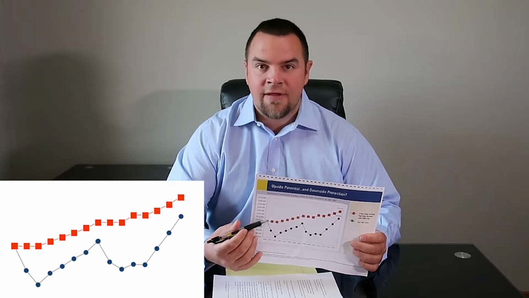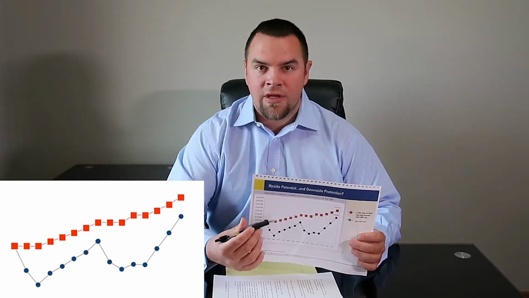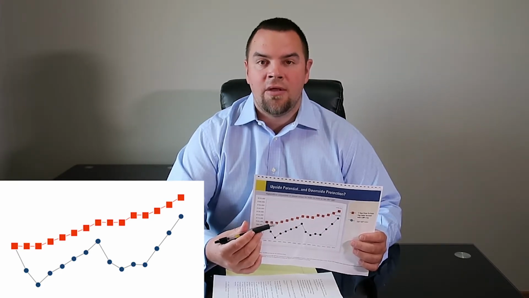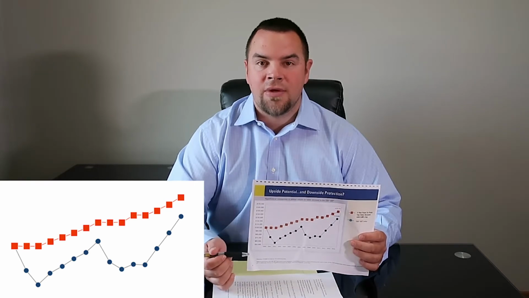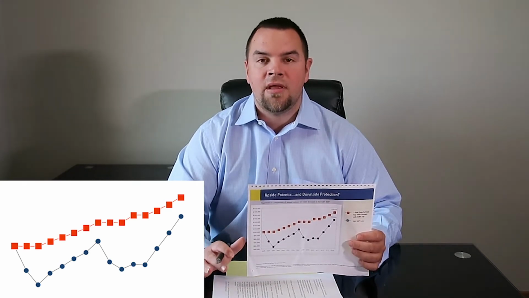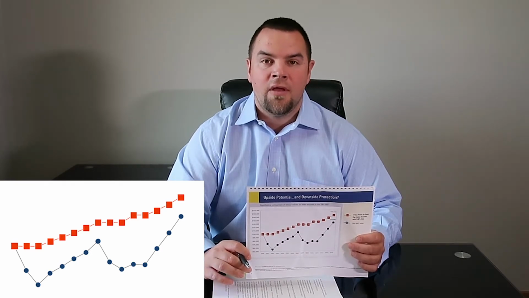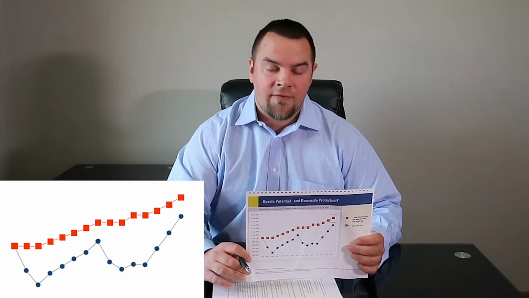Well, even if your index crashed along with everything else, your account value year over year is going to stay the same. And I'll tell you why this is so important: when you pair this up with distribution strategy, you have a very powerful presentation to the clients, but also a very powerful financial plan for them going forward as well.